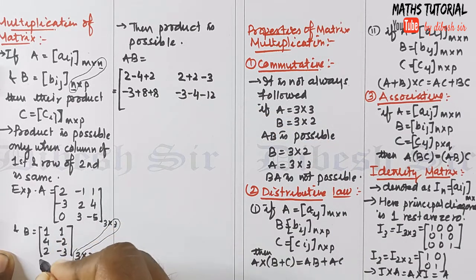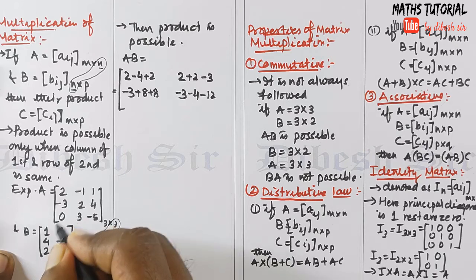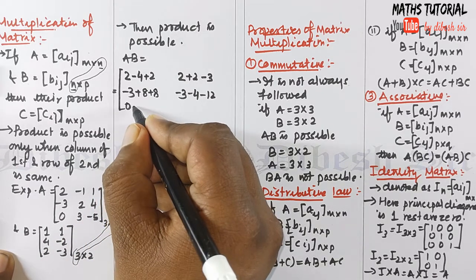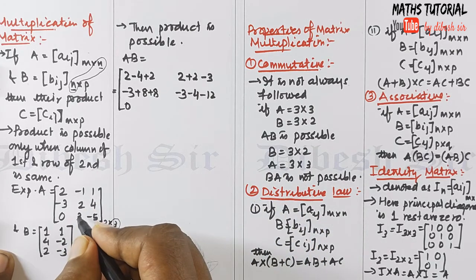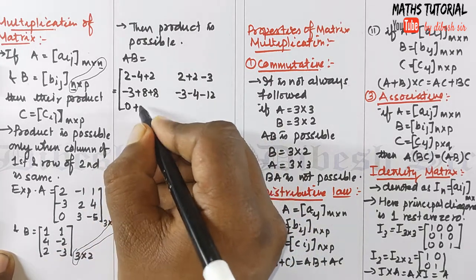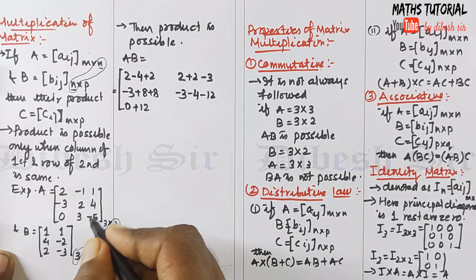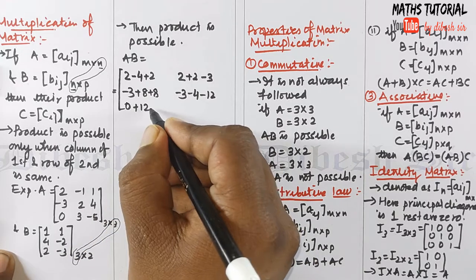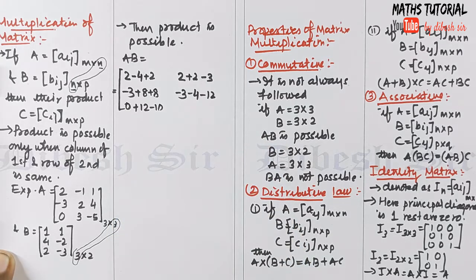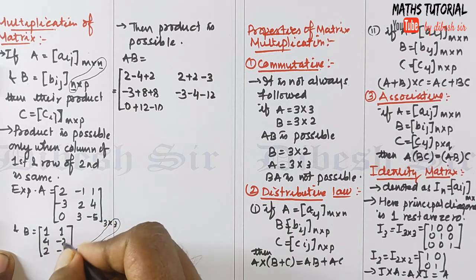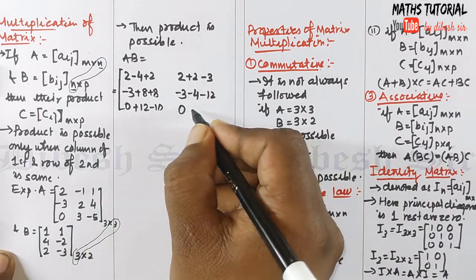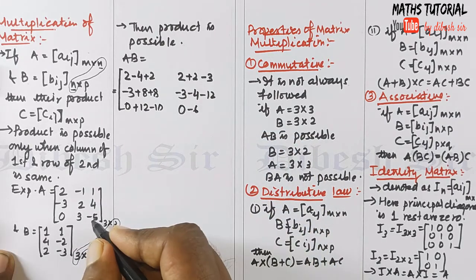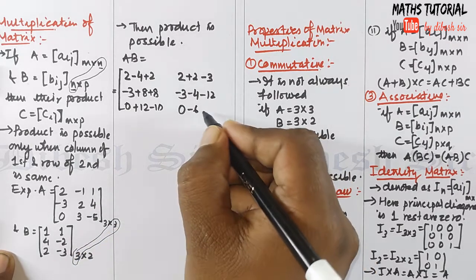Next, this row with this column: 0 into 1, 0, 3 into 4, 12, minus 5 into 2, minus 10. Next, this with this column: 0 into 1, 0, 3 into minus 2, minus 6, minus 5 into minus 3, that is 15.